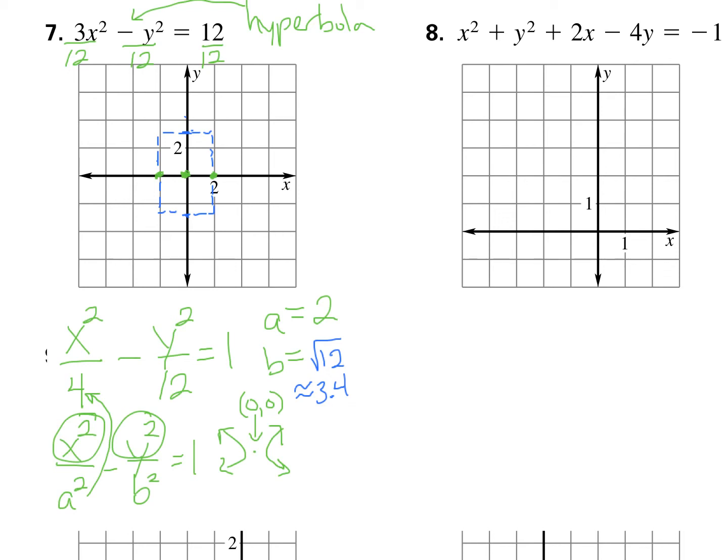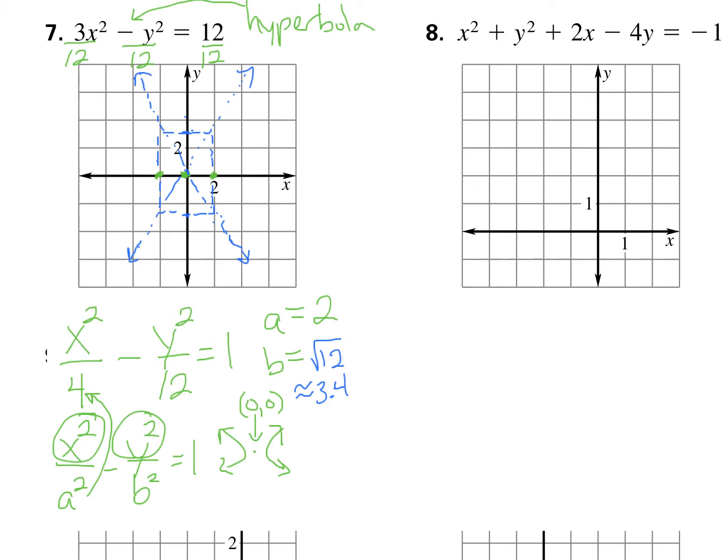So what this does is it gives me a rectangle that I can now use to draw asymptotes through. Those asymptotes go through at a diagonal, and we've got going this way. A little tough to sketch out on here, but you get the idea. Diagonals.